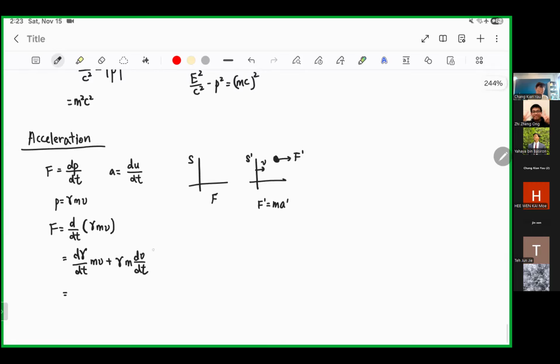This is just the acceleration, and we want to find this. It would just be this: 1 minus beta squared, that is v squared divided by c squared.